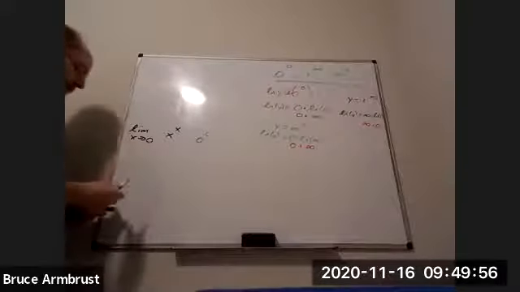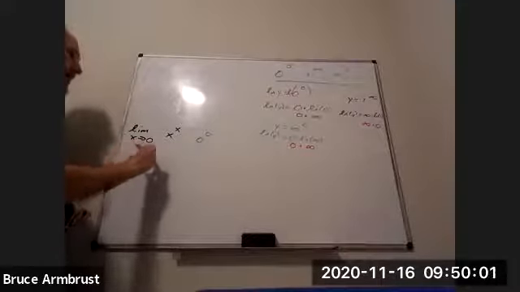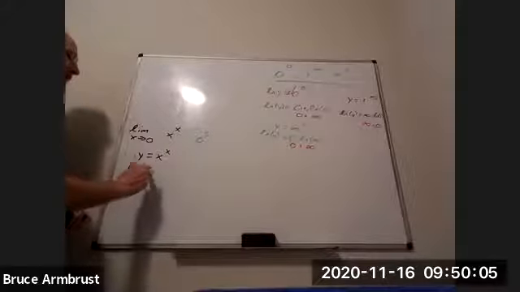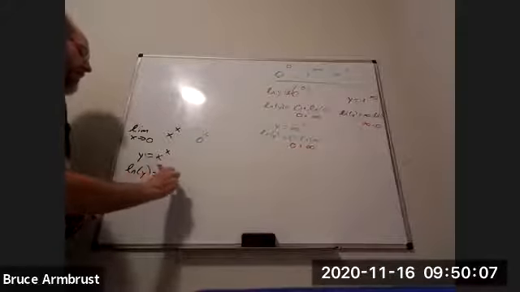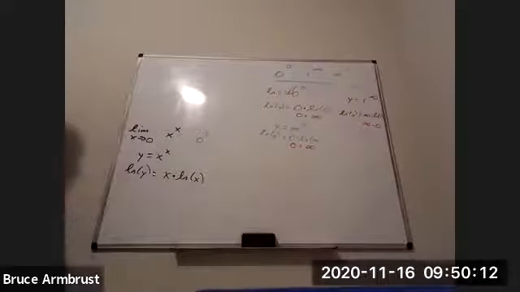So instead of looking at y equals x to the x, let's take a natural log. So the natural log of y is going to equal x times the natural log of x.